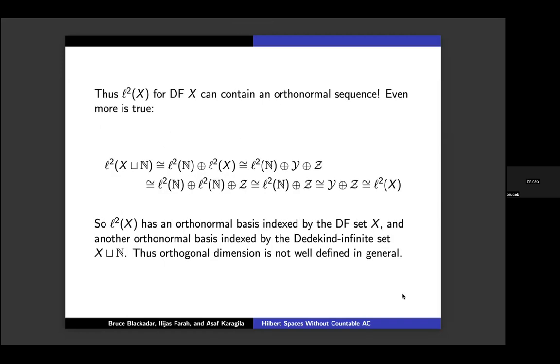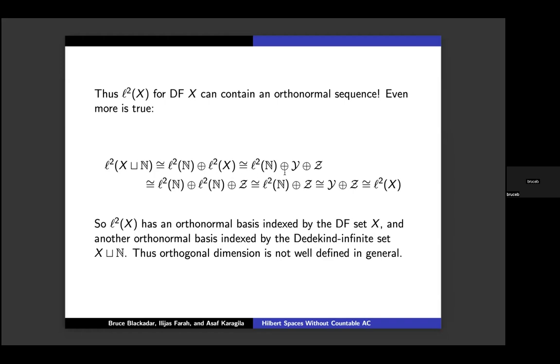So what we get is we can show that even if X is DF, L2 of X can contain an orthonormal sequence. And even more is true. If you take L2 of the disjoint union of X and the natural numbers, well, it's just isomorphic to the direct sum of these 2 Hilbert spaces.